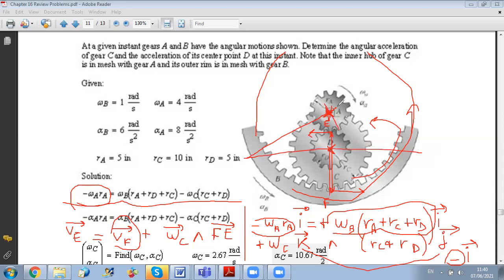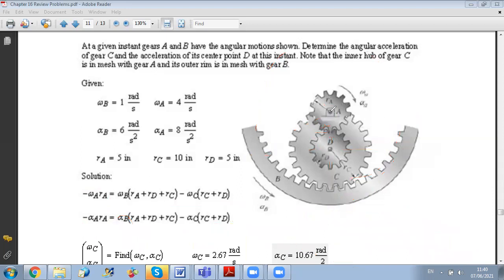It is rotating about a fixed axis passing by A, so the radius of rotation is equal to this whole distance. So when you take point F and want to calculate the velocity of F, you should consider omega B times the distance to the fixed axis of rotation of this gear, which is decomposed into three parts: the radius of A plus 2 times the radius of D, or if you want, RD to here and from D down you take RC.